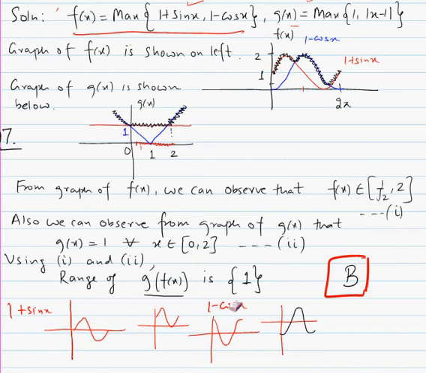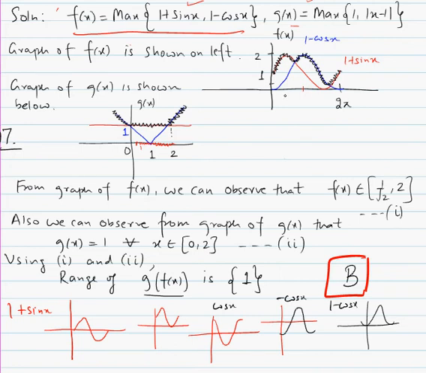This is minus cos x, and the reflection of cos x is minus cos x, and to draw 1 minus cos x we add 1 to it, so the graph will be shifted 1 unit up. And now you can see here we have in red the graph of 1 plus sin x, and in blue the graph of 1 minus cos x.